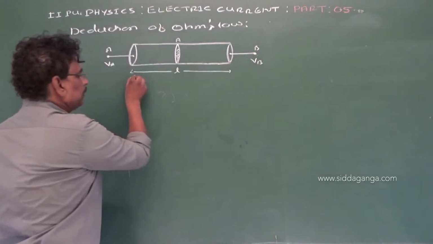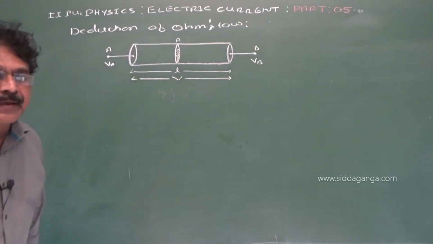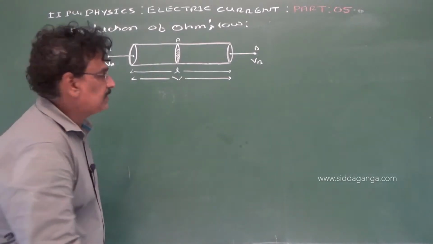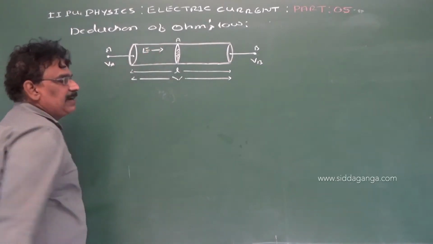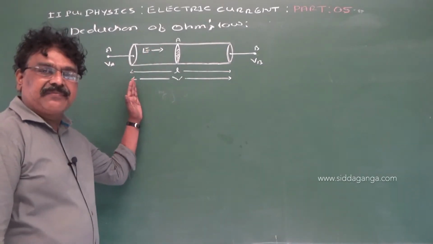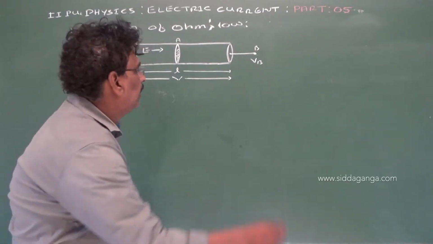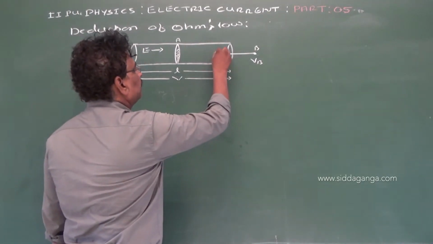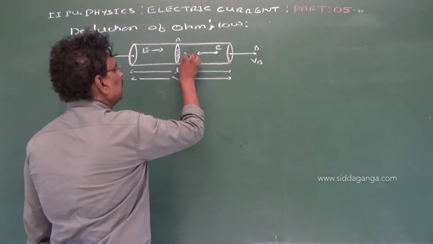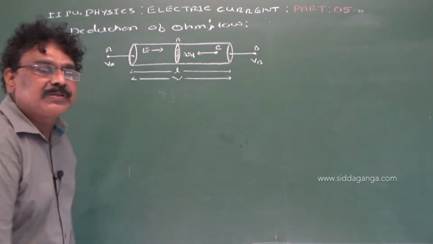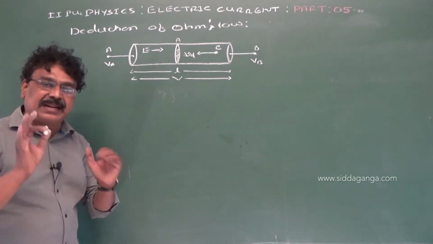Let V be the potential difference between the ends of the conductor. As usual, the applied potential difference establishes a uniform electric field inside the conductor directed from higher potential to lower potential. Under the influence of this electric field, free electrons acquire a drift velocity Vd in the opposite direction of the electric field, constituting an electric current.